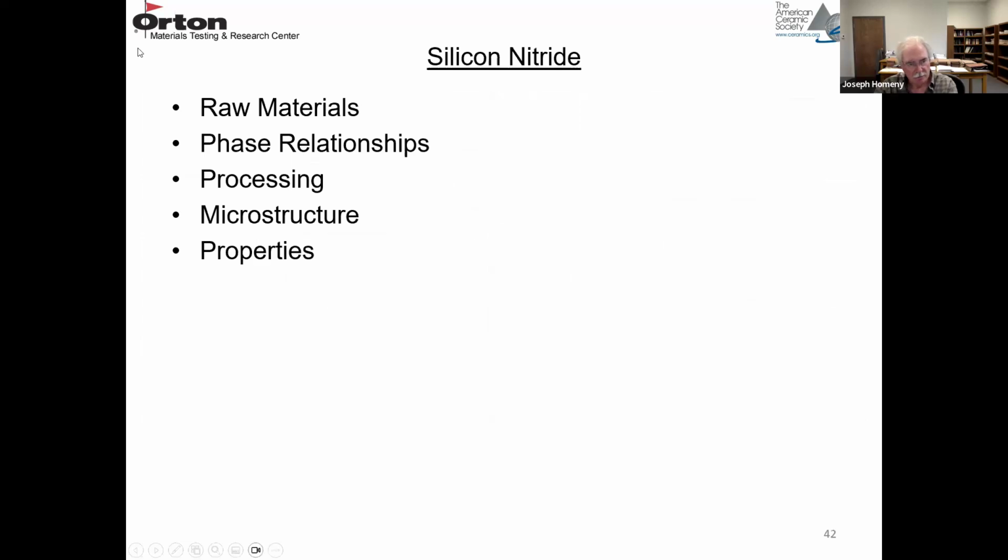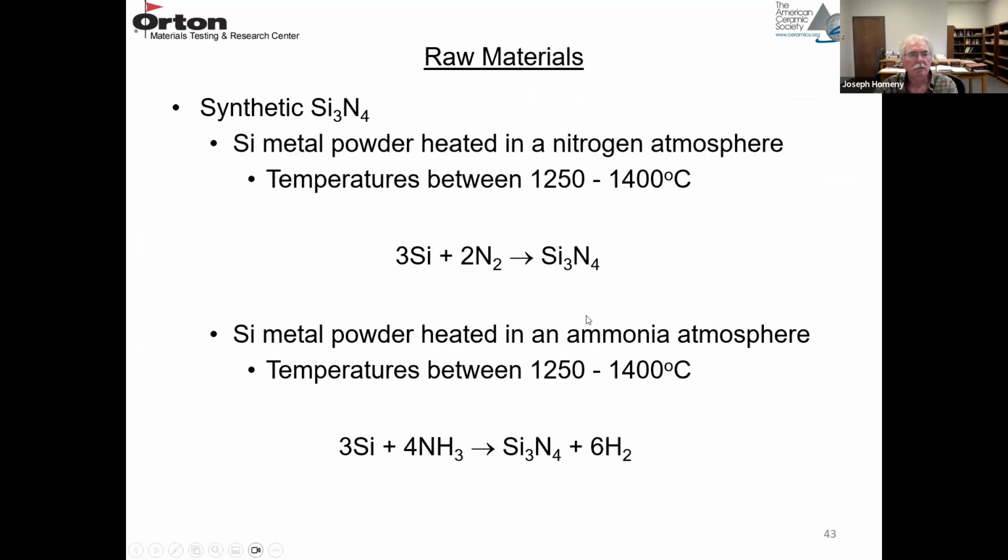And then the same thing for silicon nitride: the materials, the phase relationships, how they're made, what the microstructure looks like, and some properties. So silicon nitride is another synthetic material, man-made. You simply start out with silicon metal powder, you heat it in a nitrogen atmosphere, and the temperatures you heat it to are 1250 to 1400 degrees C. So the silicon metal plus N2, the nitrogen, forms silicon nitride, Si3N4.